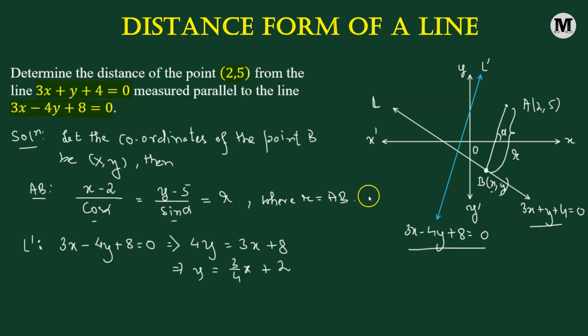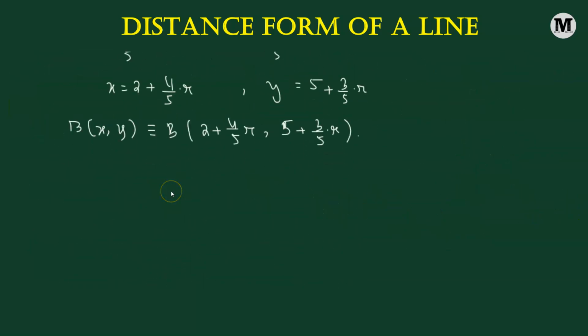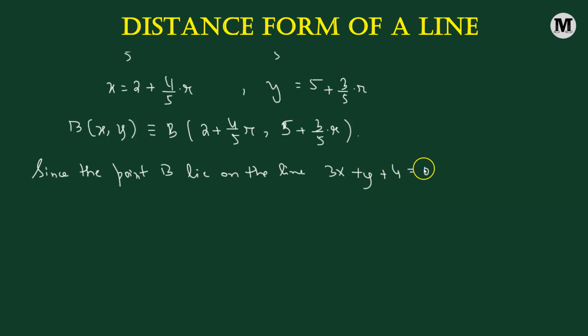So let's make use of that fact. Since point B lies on the line, we have the equation 3x plus y plus 4 equals 0.